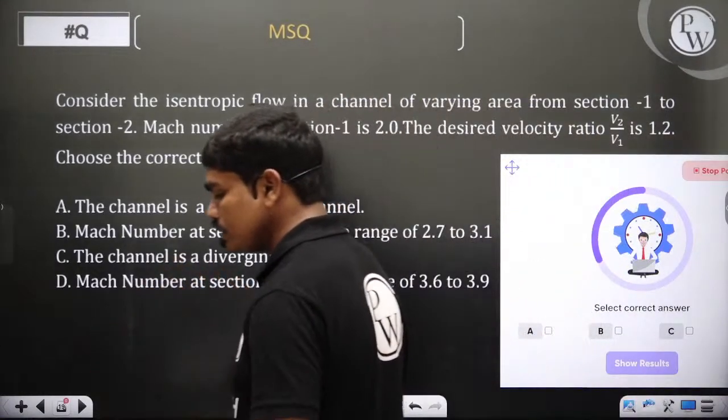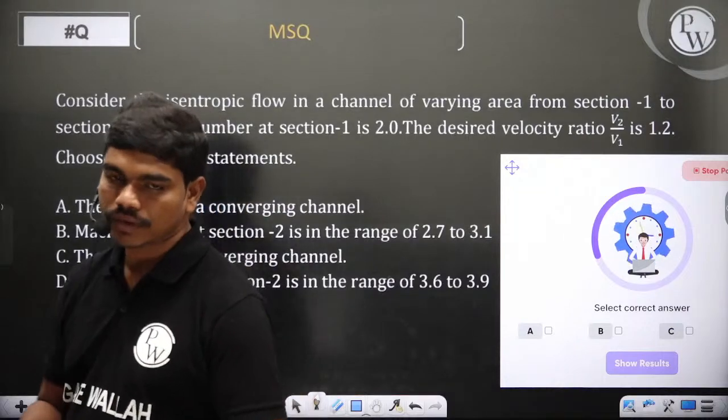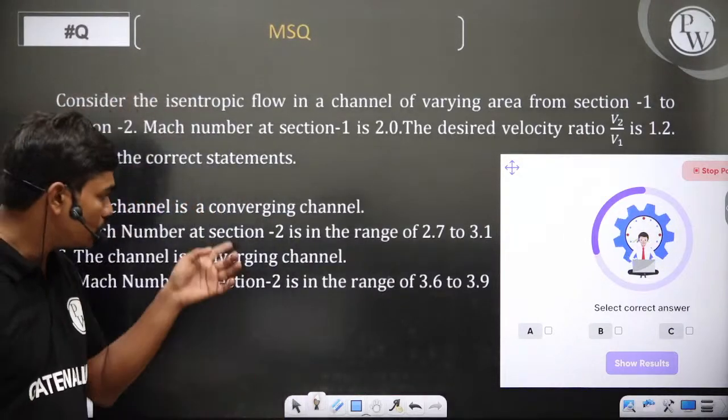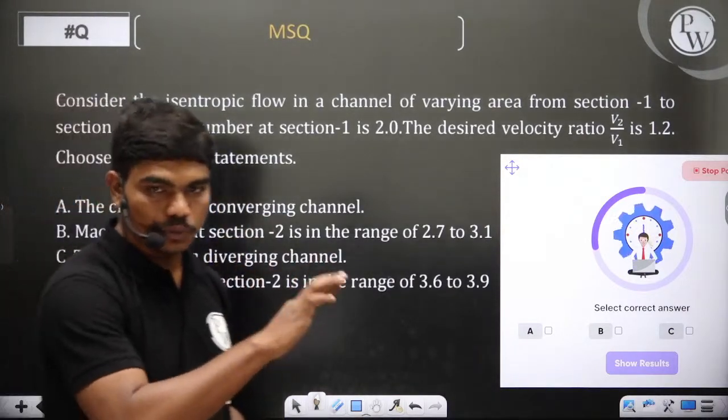Mach number at section 1 is 2 and velocity has to increase, so identify the type of passage and also the Mach number at section 2.